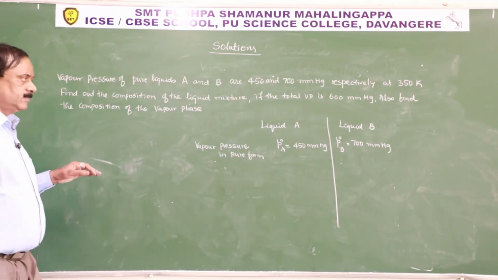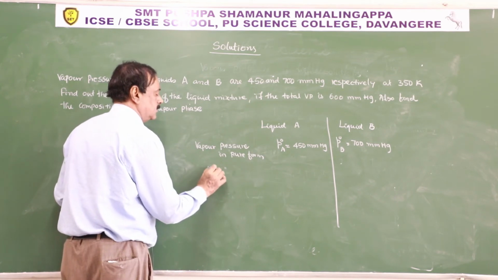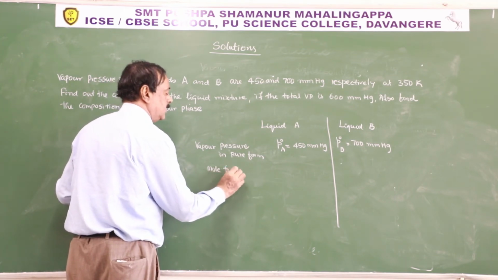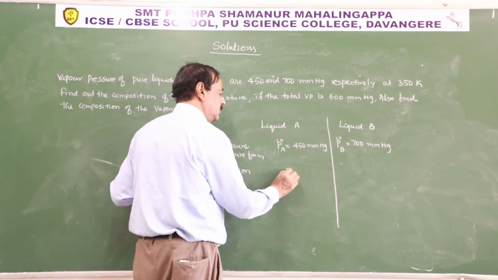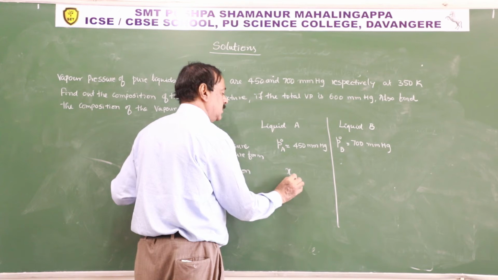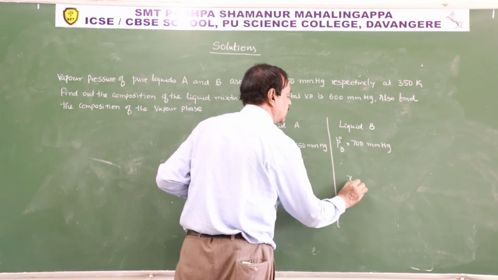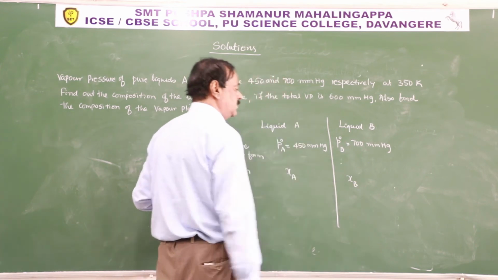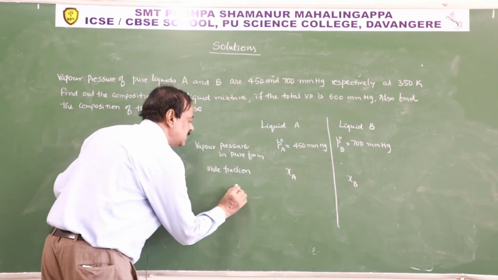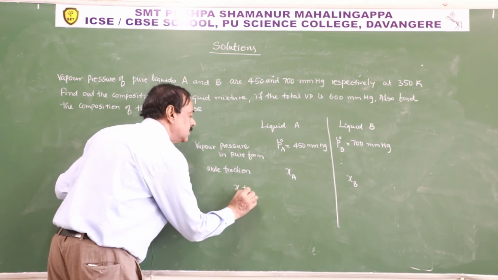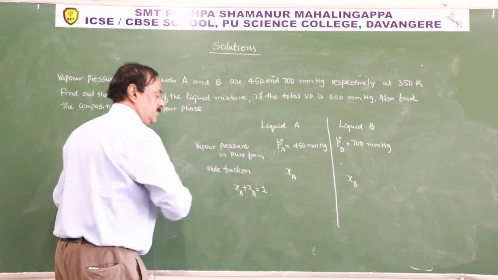Here the mole fraction is not yet given. Assume the mole fraction of liquid A is XA and the mole fraction of liquid B is XB. You know that XA plus XB is equal to 1.